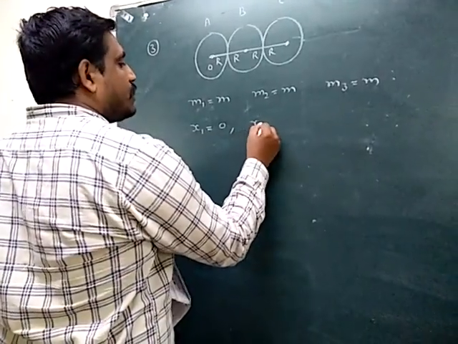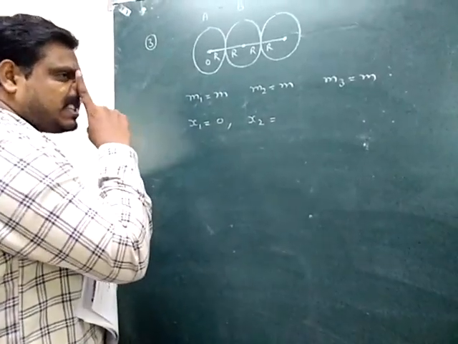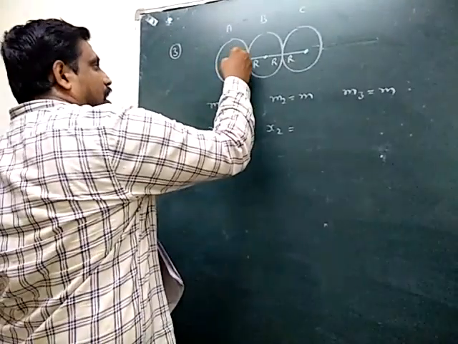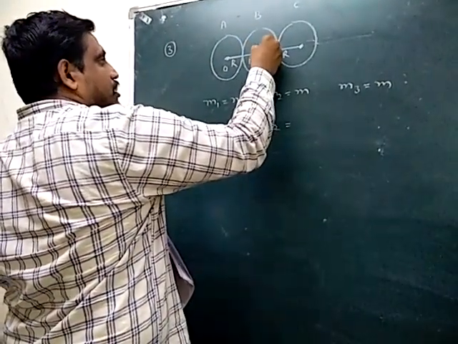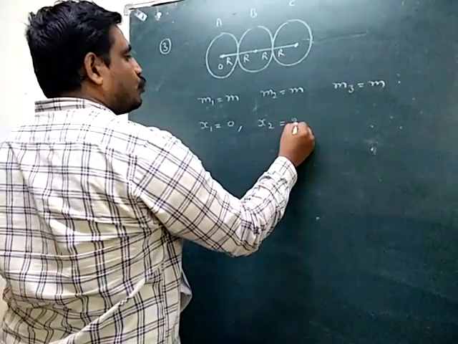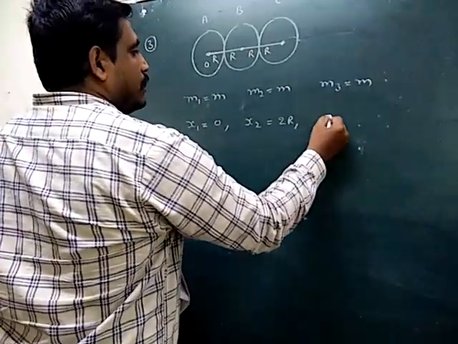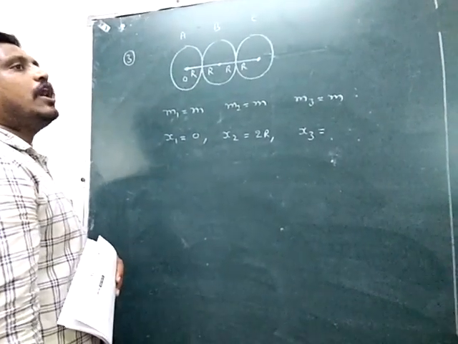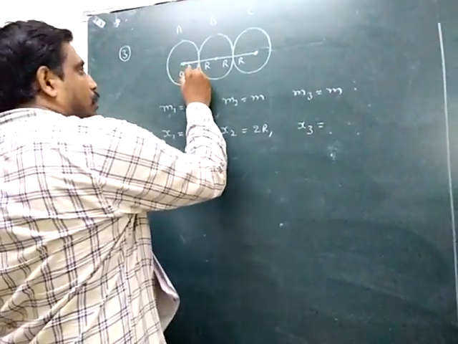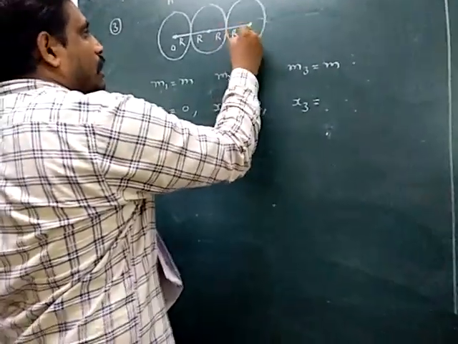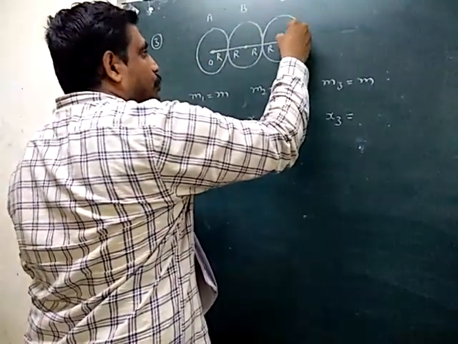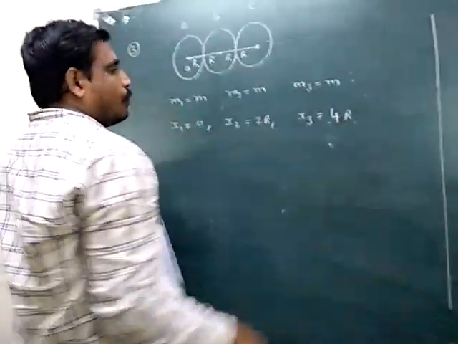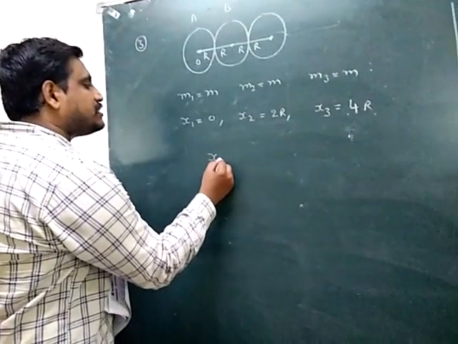And what is x2? x2 means origin to second body center. This is the origin, second body center here: R plus R, 2R. x3 means origin to third body center. Total distance is 4R.